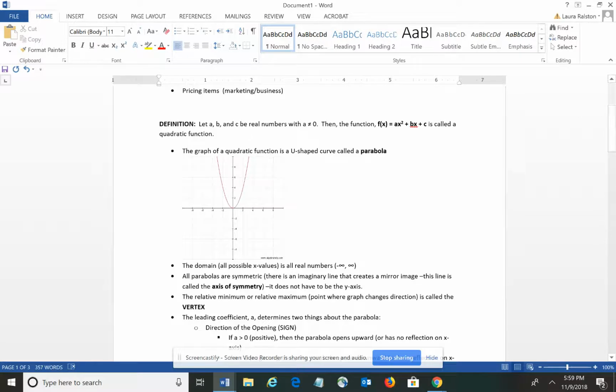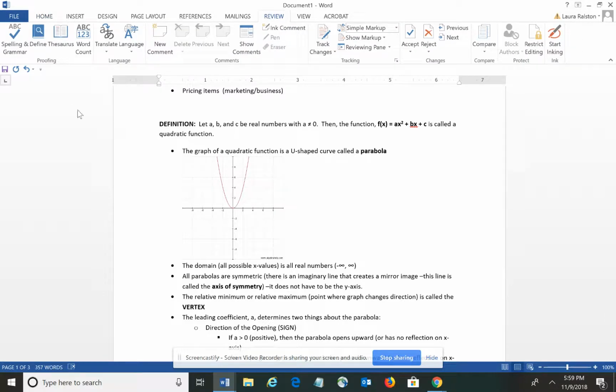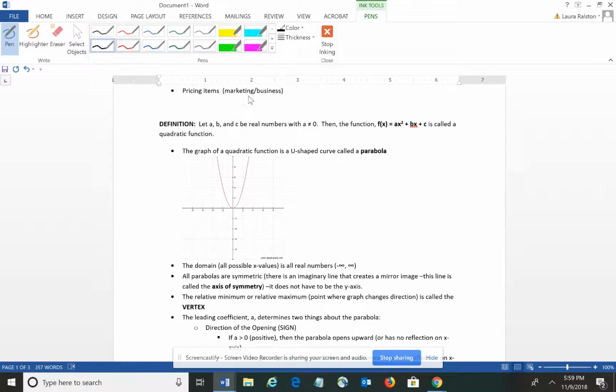One of the main characteristics of a quadratic function is that it is symmetric. If you could imagine a line running through the center of the graph, and then fold it on that particular line, then you couldn't tell the left side from the right side.